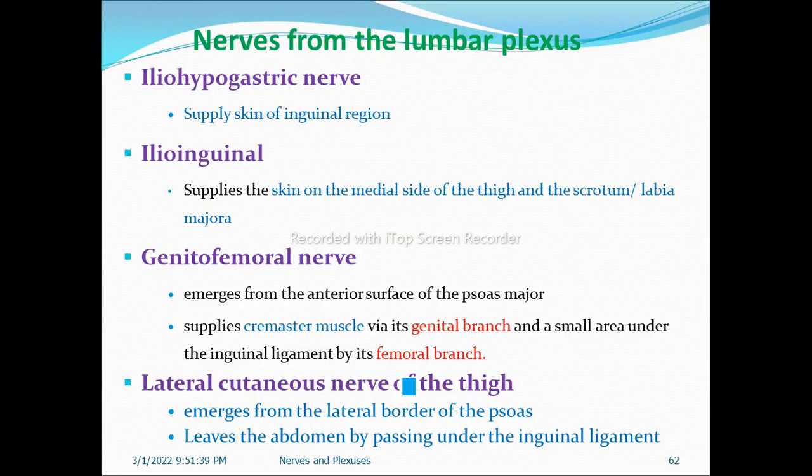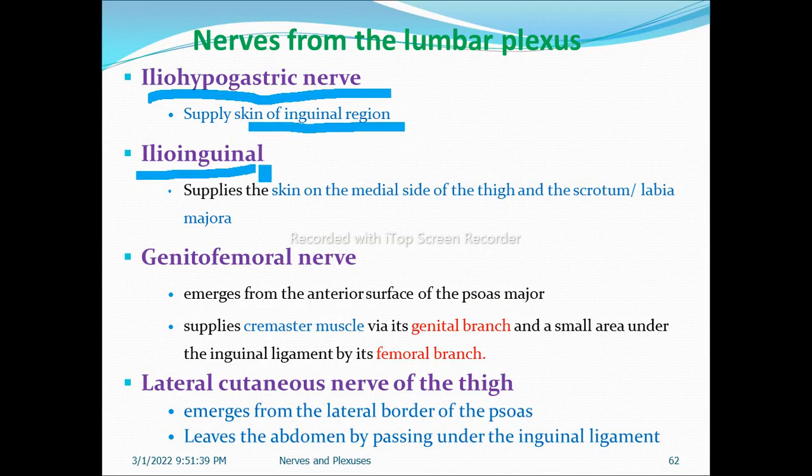And now the nerves from the lumbar plexus. The first nerve is the iliohypogastric nerve. This nerve supplies the skin of the inguinal region. Ilioinguinal nerve supplies the skin on the medial side of the thigh, as well as the scrotum if male, and labia majora if female. The third nerve is the genitofemoral nerve.